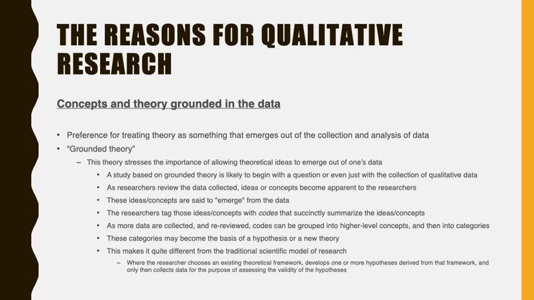Then that's probably not a good theme, and we would need to either eliminate it, combine it into something else, or reconceptualize it. All of this is to say that we create new categories as the research develops and goes along. And this is what makes it really different from the traditional scientific model of research. Instead of starting with hypotheses and moving forward to theory, we're starting with the data collected, developing theories, and working towards a hypothesis.